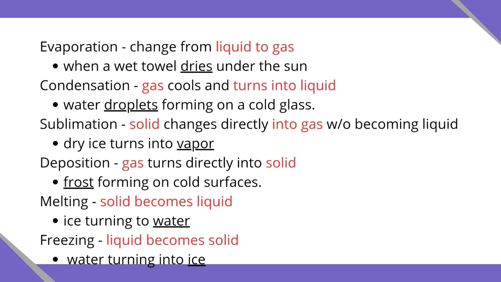Two other related changes are melting, where a solid becomes liquid, as in ice turning to water, and freezing, where a liquid becomes solid, like water turning into ice. Together, these processes explain how matter changes form depending on temperature and energy.